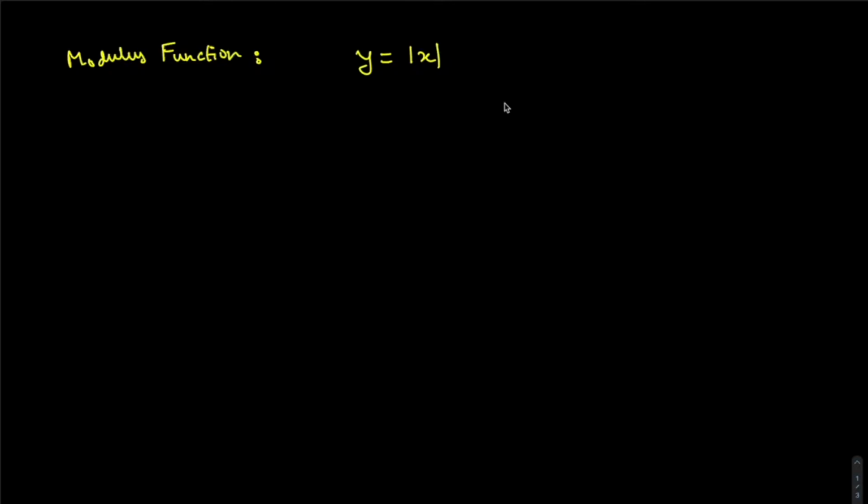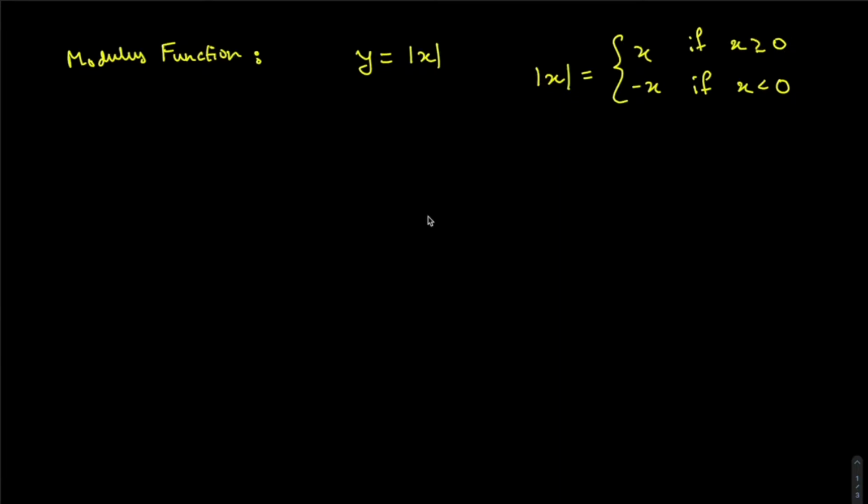We can break this apart: modulus of x is equal to x and minus x. It's like a piecewise function, if you remember this. x if x is greater than or equal to 0, and minus x if x is less than 0. This is how you can break your modulus function into two piecewise functions.